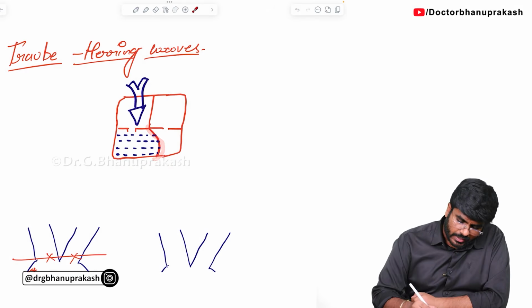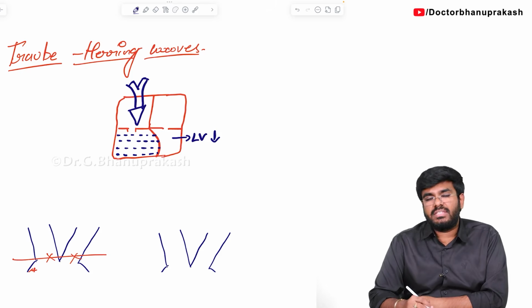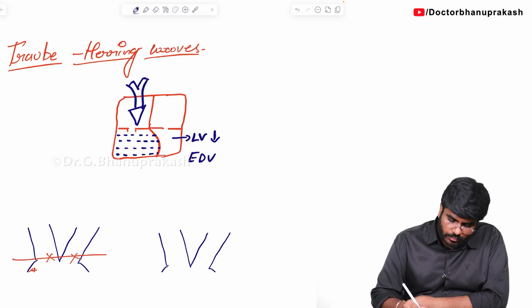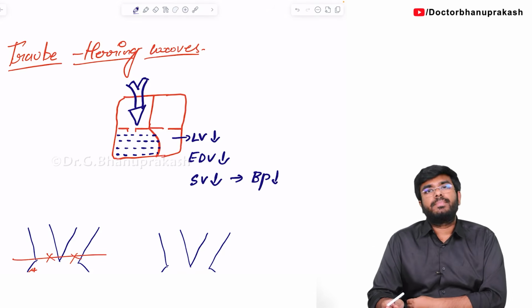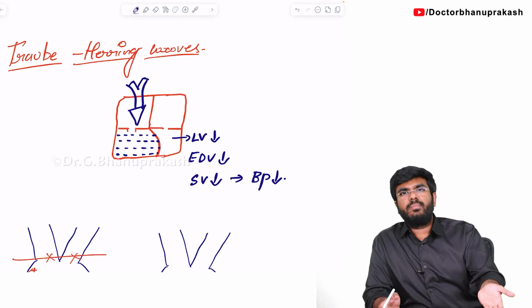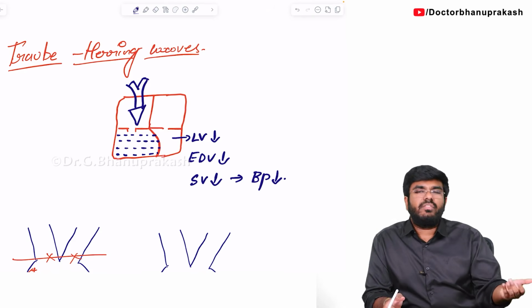So because of which, what happened? The left ventricular volume decreases. The LV cavity size decreases. The end diastolic volume decreases. And the stroke volume decreases, and immediately your blood pressure will decrease, because less blood is being pumped into the blood vessels. So if less blood is being pumped into the blood vessels, automatically the blood pressure will be less.